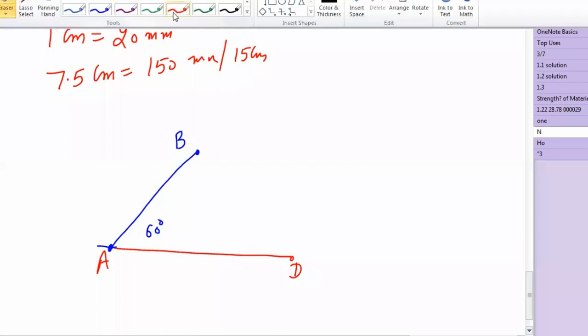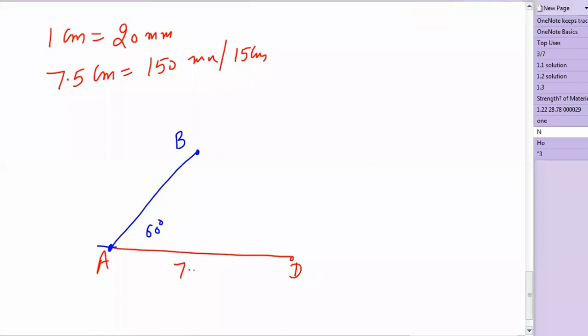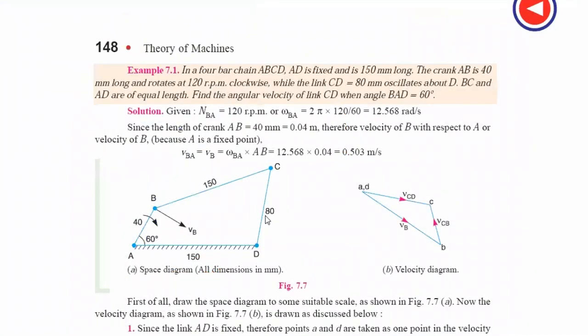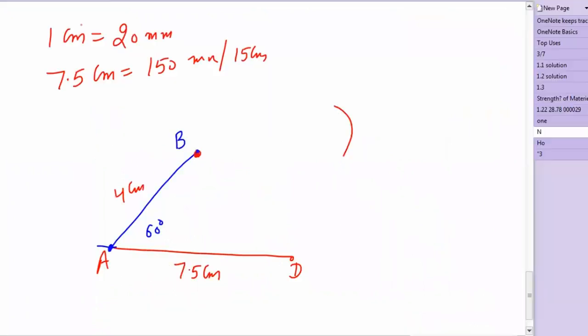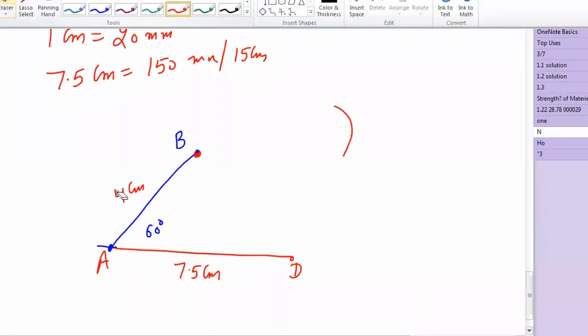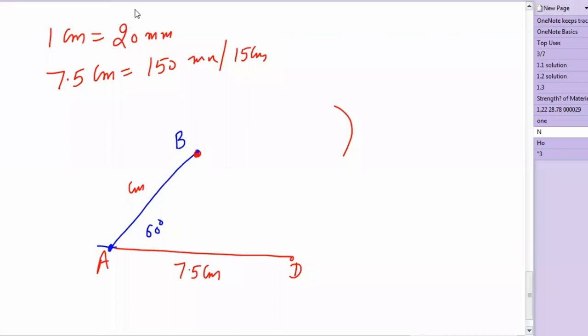So two things are clear. This was 7.5 centimeters, that was 4 centimeters. Then open the compass again to 7.5 centimeters, because the CB link also has 150 mm length. Put the compass needle on point B and mark an arc of 7.5 centimeters. Similarly, this was 40 mm, so it will become 2 centimeters.